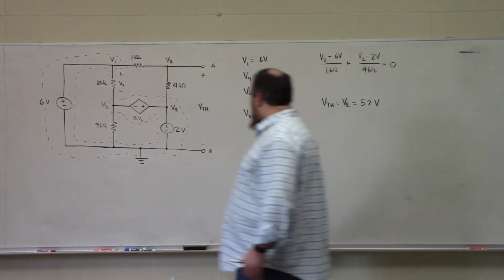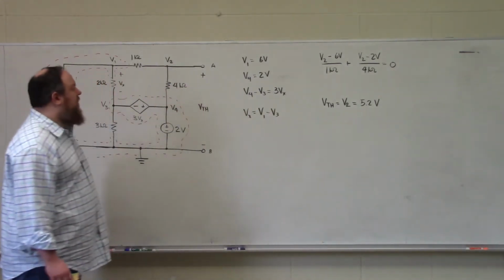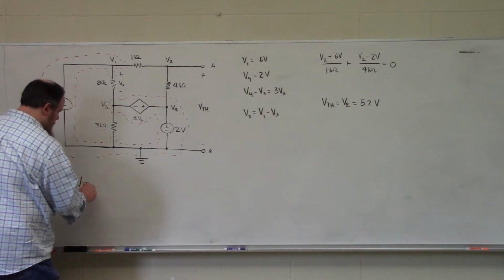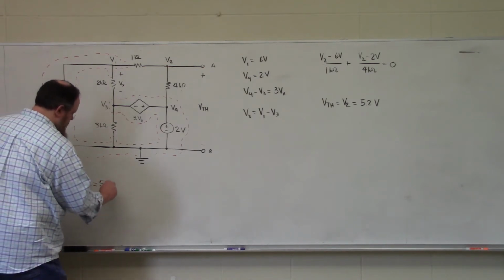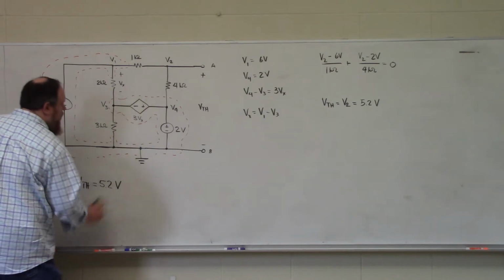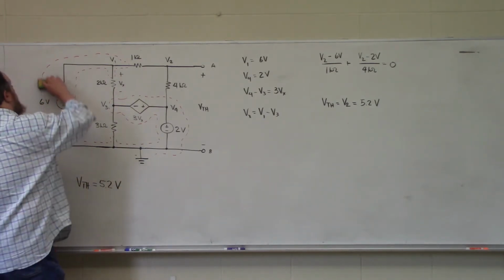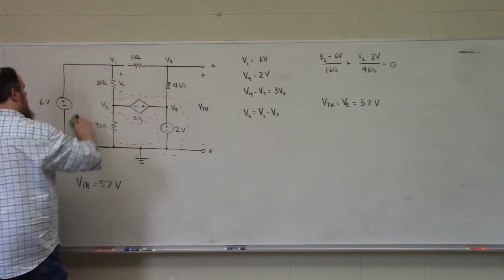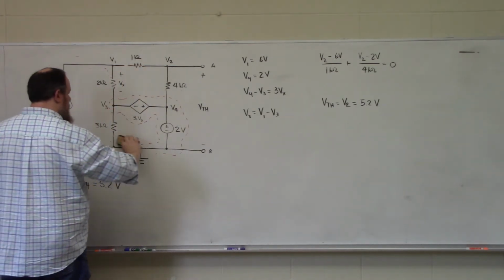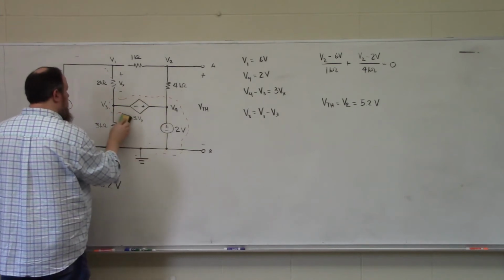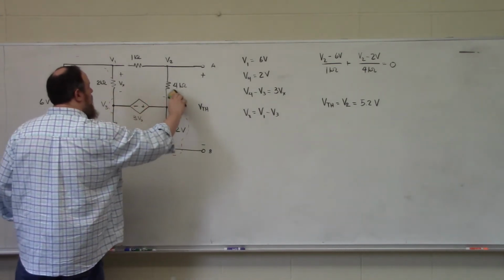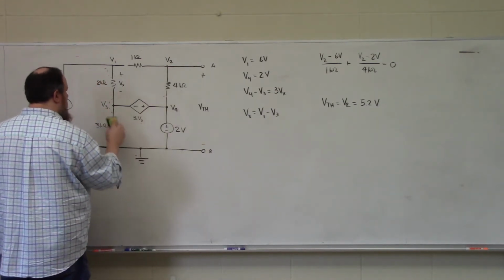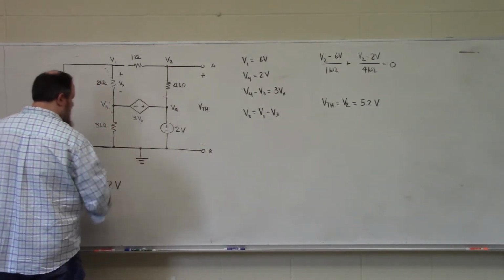For our Norton current, let's write V Thevenin here. We can again vastly simplify our circuit analysis by thinking about things.